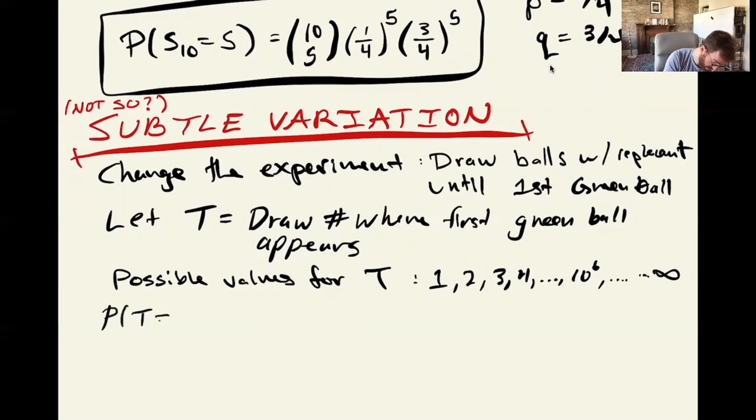And you can just compute the probability that you get a green ball on the first try. Well, it's not so bad. Only a 1/4 chance, but still not as likely as getting a red ball.